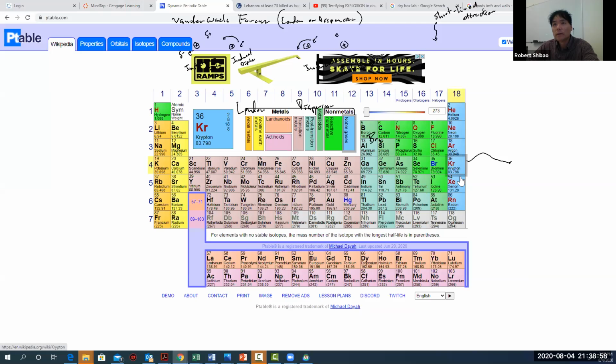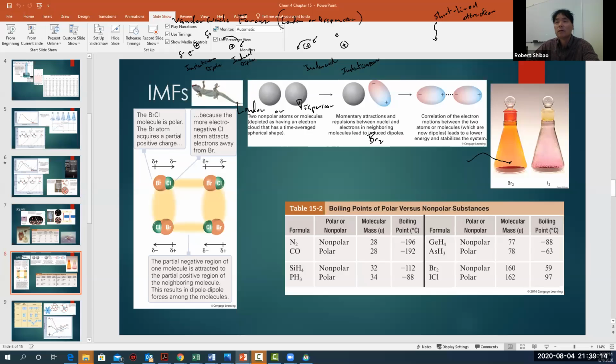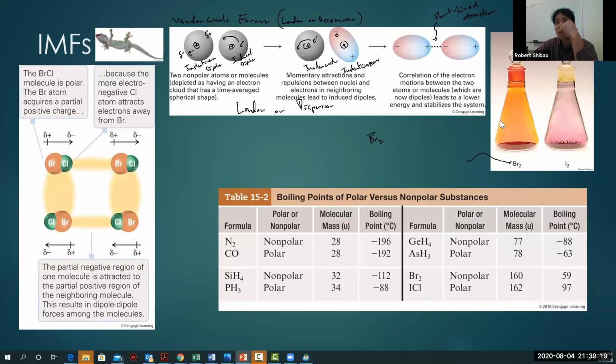Bromine has 35 electrons. Iodine has 53 electrons. So Br2 is 70 electrons altogether, total. 70 electrons in this.